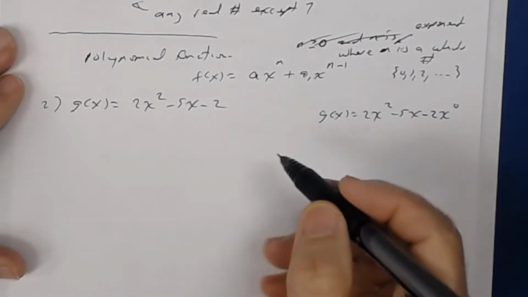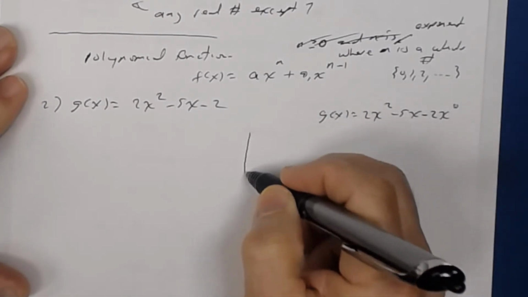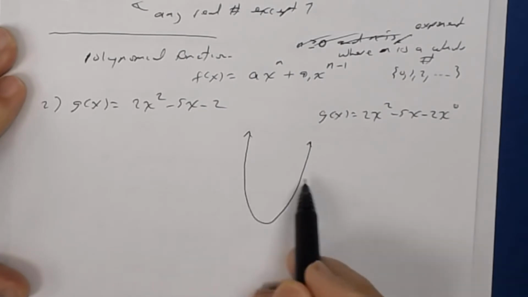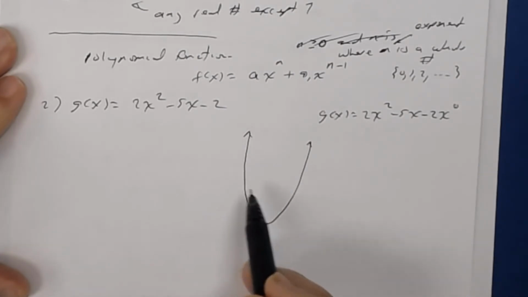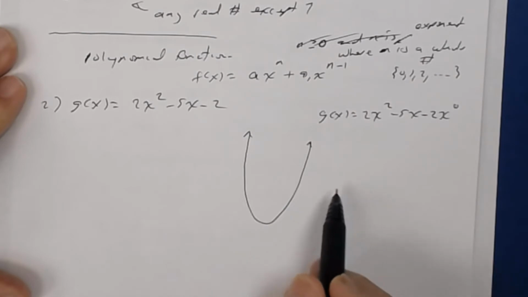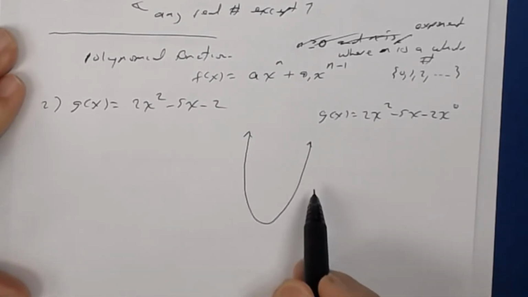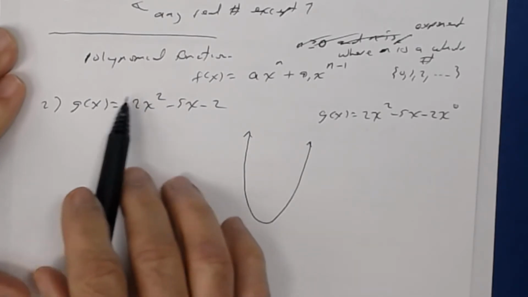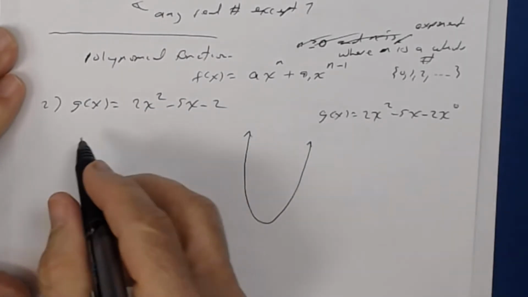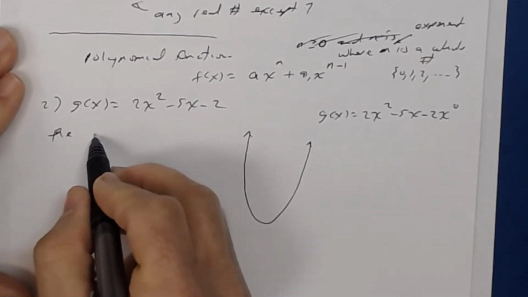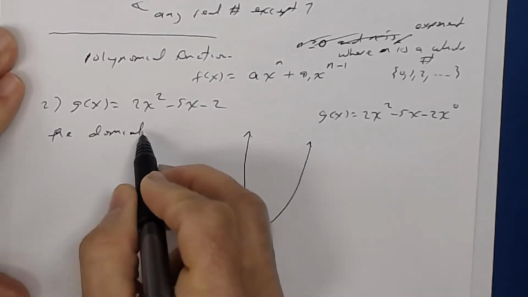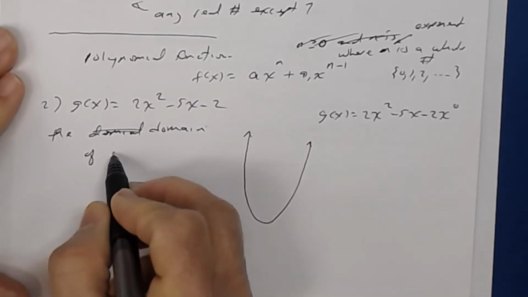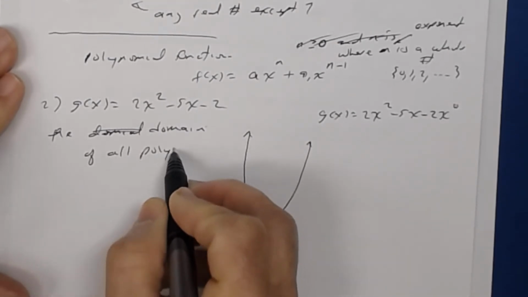In fact, when you graph this, remember the domain is all real numbers. So if you go back to that section where we started talking about graphing quadratic functions, your domain's all real numbers. And so we learned in a future lesson at that point that the domain of all polynomial functions is all real numbers.